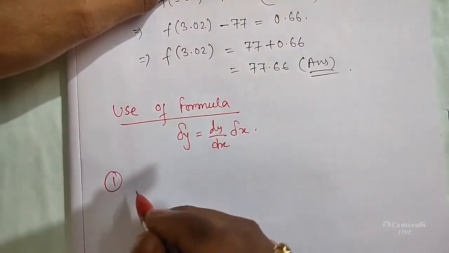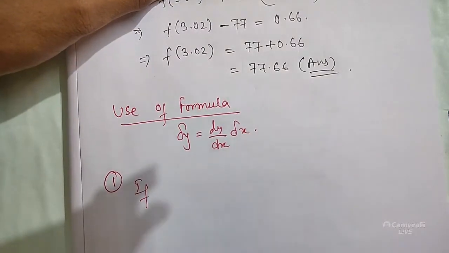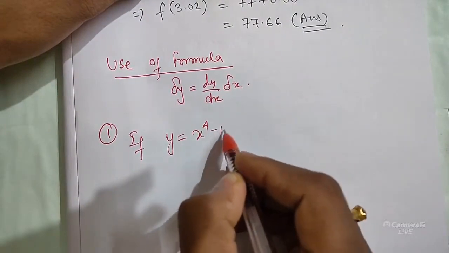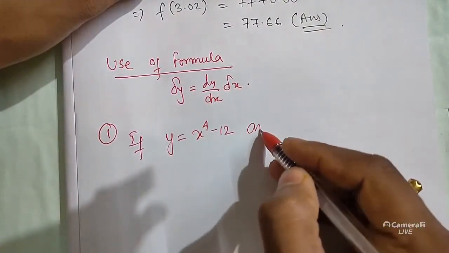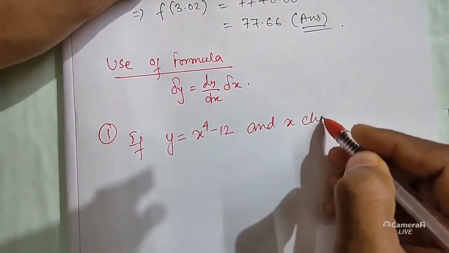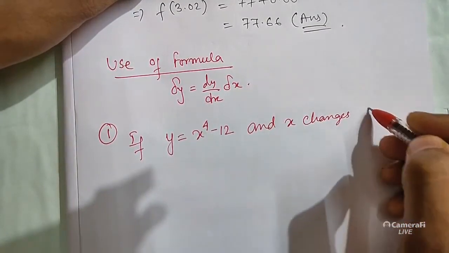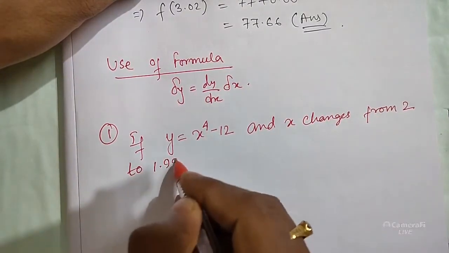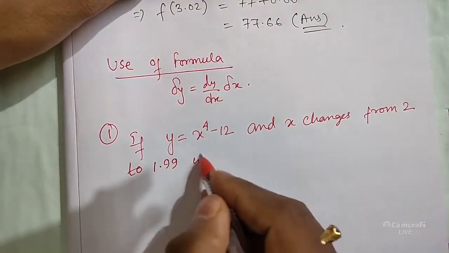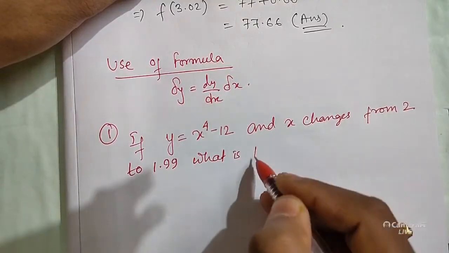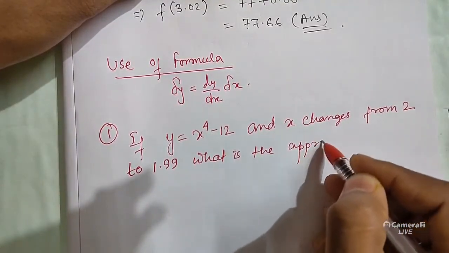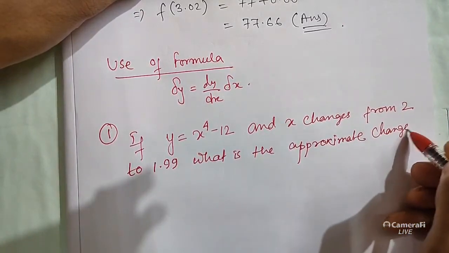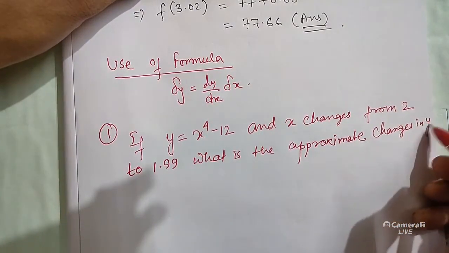So the question will be like this: if y equals x to the power 4 minus 12 and x changes from 2 to 1.99, what is the approximate change in y?